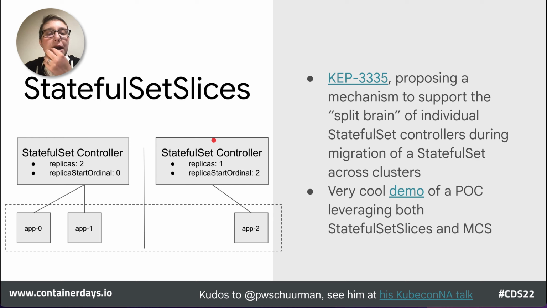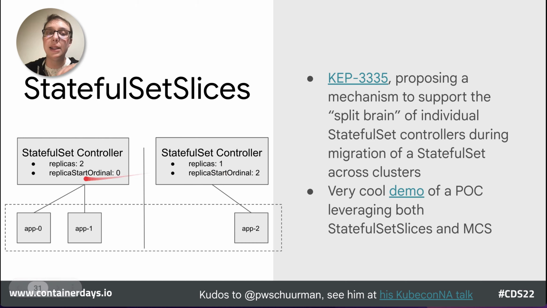But there's some suggestions here specifically for that split brain problem, which then goes on to be valuable for what was a very cool demo to SIG Multicluster, which is linked in here too, to make it possible to transmit at least enough information to one side of the split brain to say you are in charge of this number of replicas starting at this ordinal number, whereas this controller is in charge of this number of replicas starting at this ordinal number.